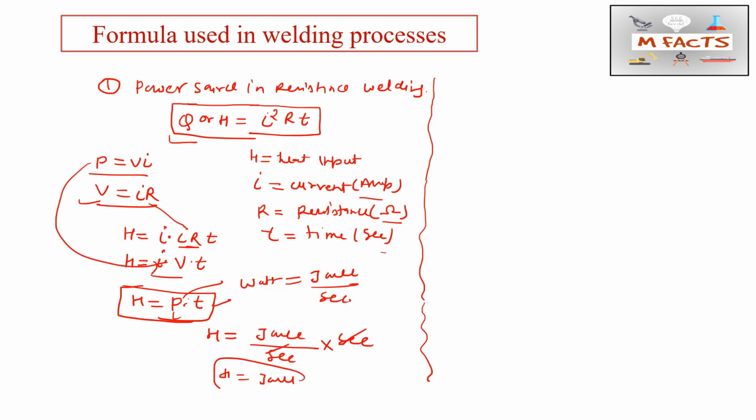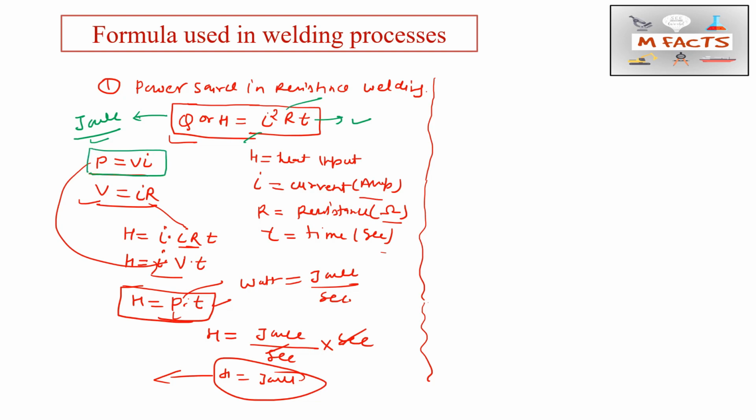This is how we understood that the unit of H is joule. The unit is very important, that's why I am focusing on these units. So the unit of H is joule, when we consider T in seconds, R in ohm, and I in ampere. This is how we can relate many formulas.